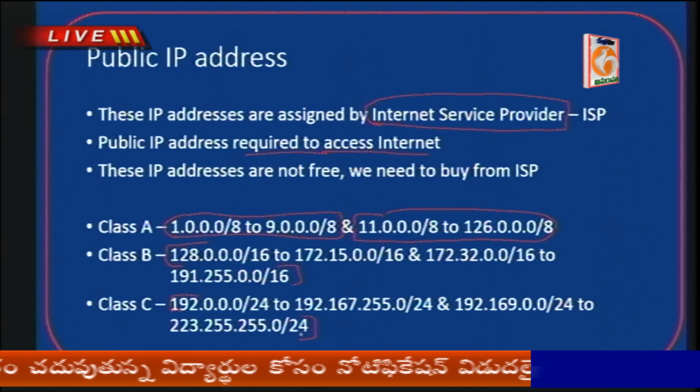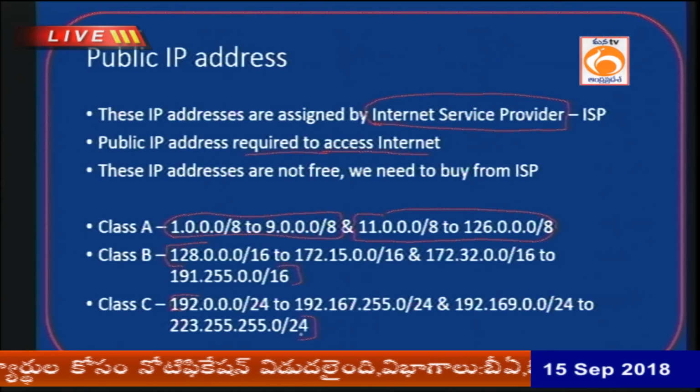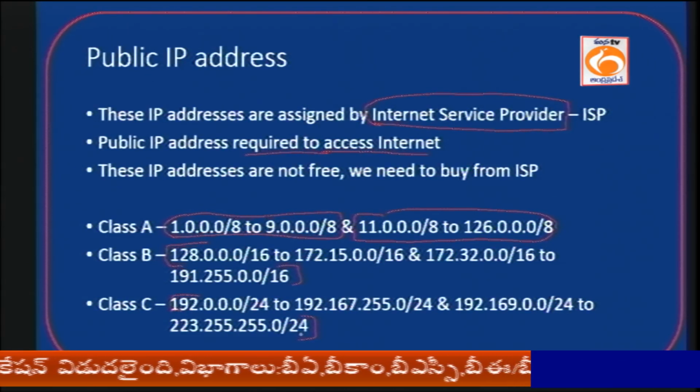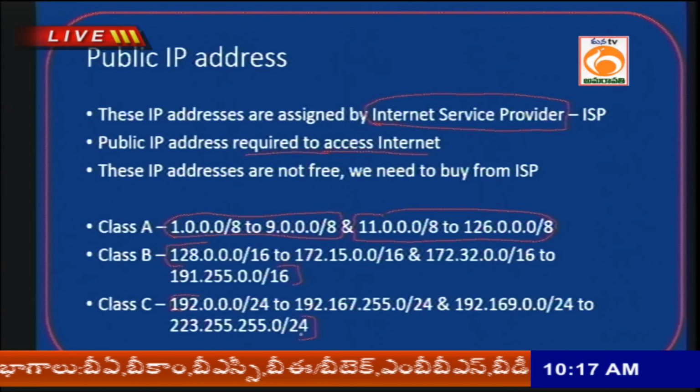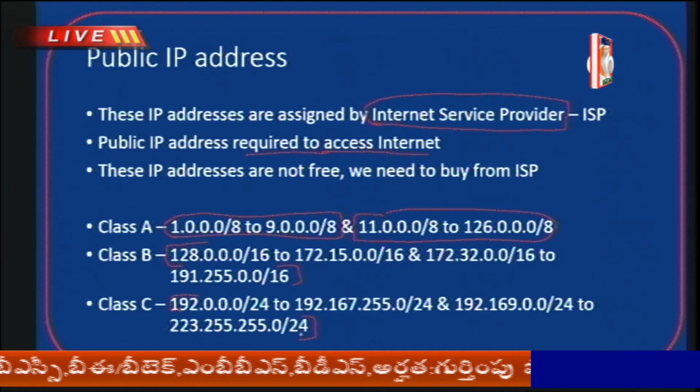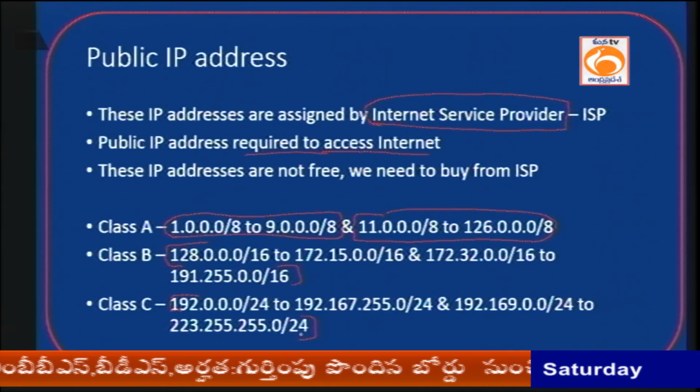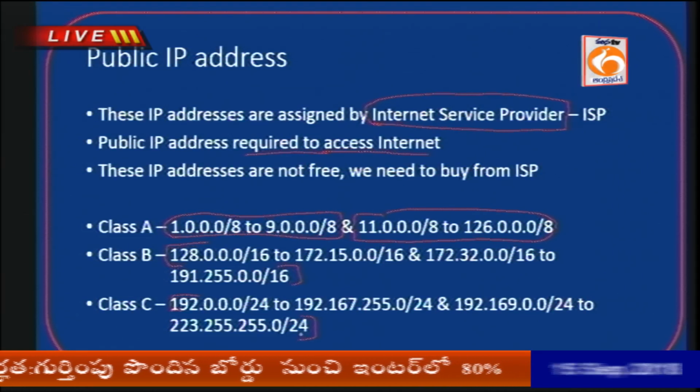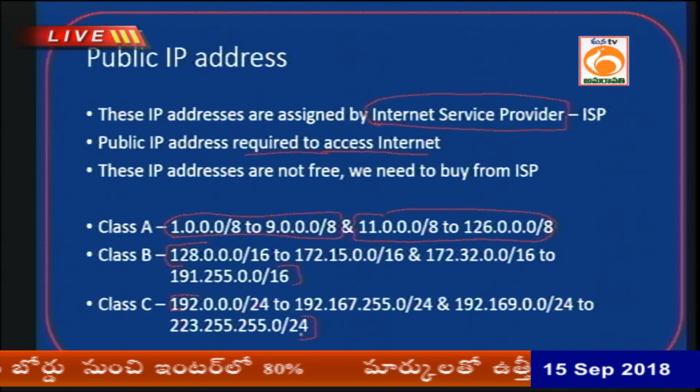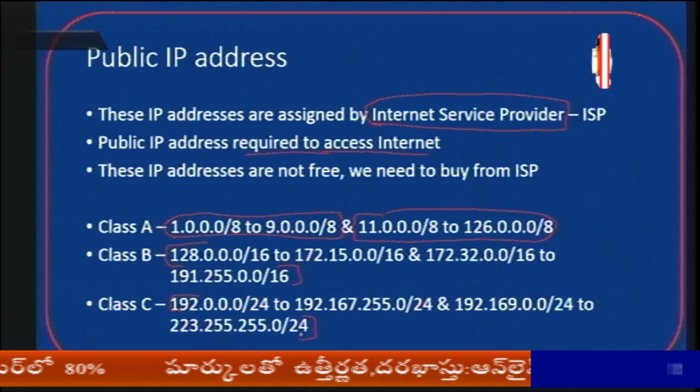Having known about private and public IP addresses, it is important not to use public IP addresses in our networks. We have to ensure that we use only private IP addresses in the network. In a later session, we will learn how to convert these private IP addresses into public IP addresses with the help of a function called network address translation.